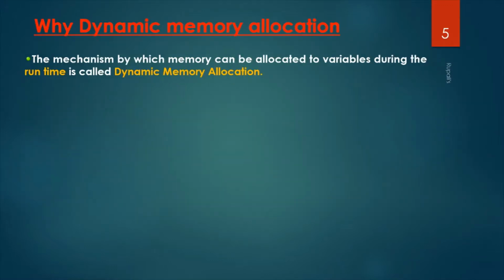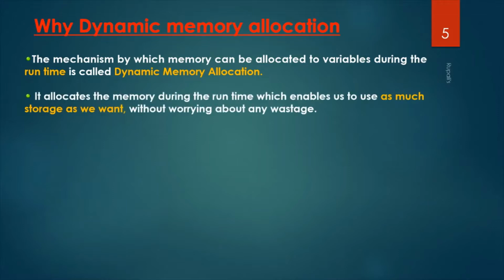Why dynamic memory allocation? The mechanism by which memory can be allocated to variables during the runtime is called dynamic memory allocation. It allocates the memory during the runtime, which enables us to use as much storage as we want without worrying about any wastage. Say, if we declare an array of 20 elements, it takes 20 into 4, 80 bytes in memory, and it is decided at the time of compilation.